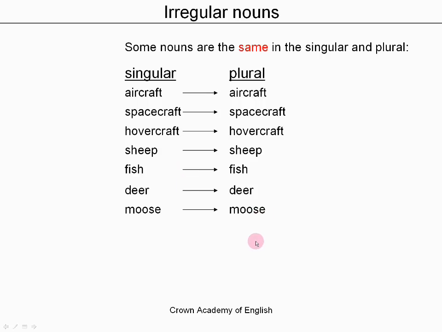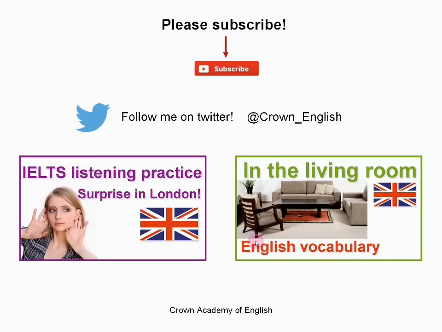Okay, so that is the end of the lesson. In the lesson we have seen probably 90% of all the rules for how we form the plural for nouns. So we have seen 90% of the most common examples, and the other 10% aren't very important.